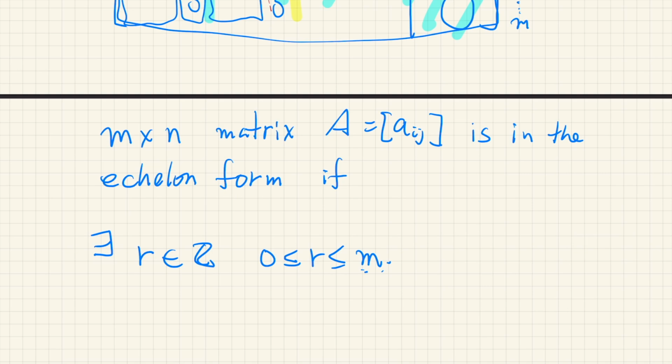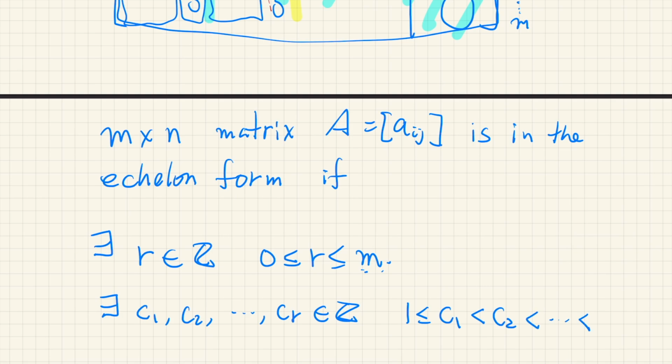And for this integer r, there exist r integers, c1, c2, and so on up to cr. So these are integers that are greater than or equal to 1, c1 is greater than or equal to 1, and c2 is greater than c1, and so on. So this is an increasing sequence of numbers, and cr is less than or equal to n, the number of columns in the matrix.